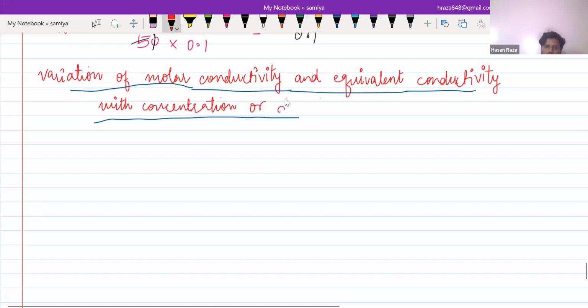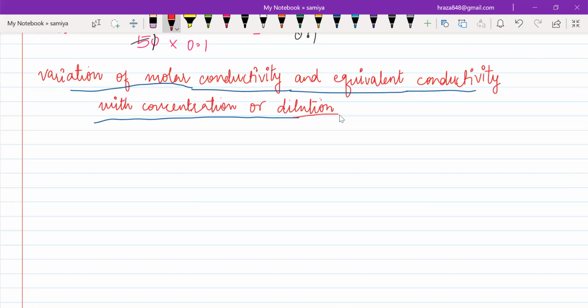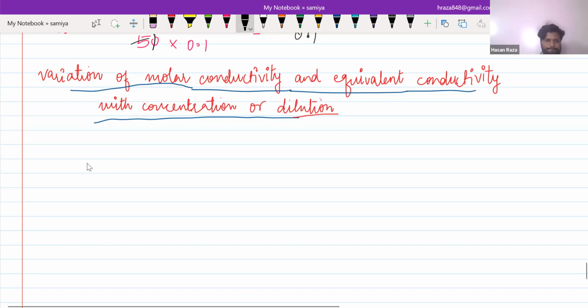Write it, dilution. Do you know what is dilution? That means you are going to add solvent. Yes or no, Samia? Yes, sir. So first of all, I'm going to introduce conductance for weak and a strong electrolyte. We are going to see for weak as well as strong electrolyte, because there will be different variation for weak and a strong electrolyte.